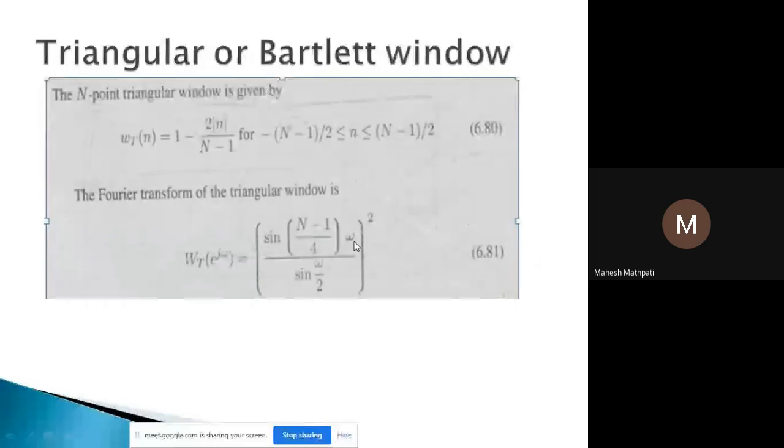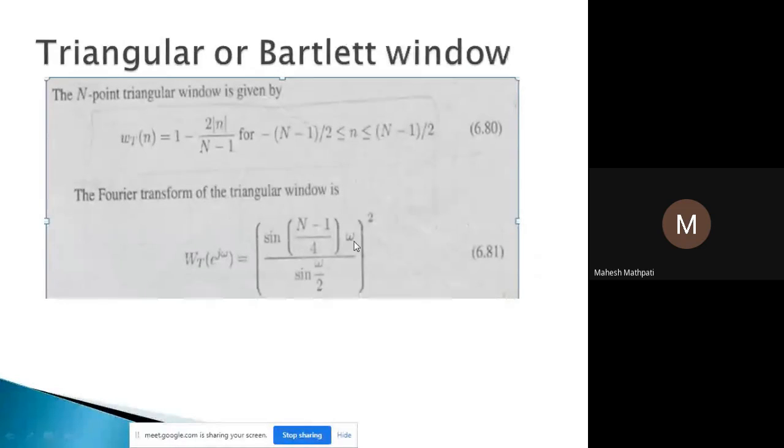So triangular window दिखता है कैसा है आपका? As the name indicates, ग्राफ कैसा एक्सपेक्टेड है अभी यहाँ पे? Anybody? Triangle. Triangle it is.